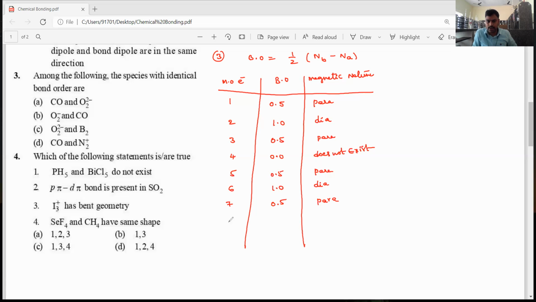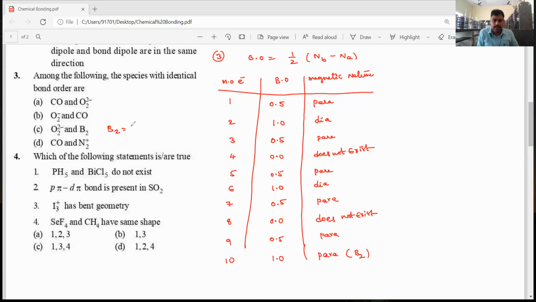With 8 electrons, it is 0 and does not exist, like He2 does not exist. Next, with 9 electrons, again 0.5 and paramagnetic, and with 10 electrons, 1.0 and paramagnetic.